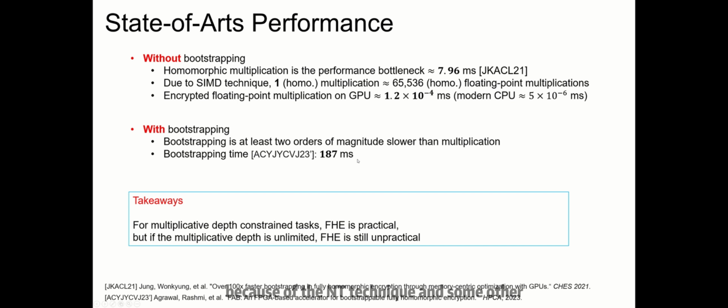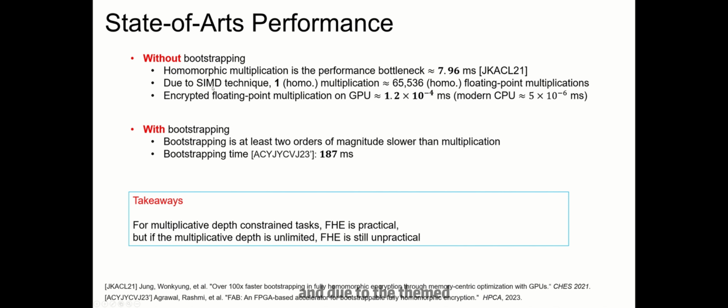Because of the NTT technique and some other hardware acceleration techniques, the FHE performance has increasingly improved over the past few years. If we do not consider bootstrapping, the main performance bottleneck is the homomorphic multiplication, which can be done in 7.96 milliseconds on GPU.